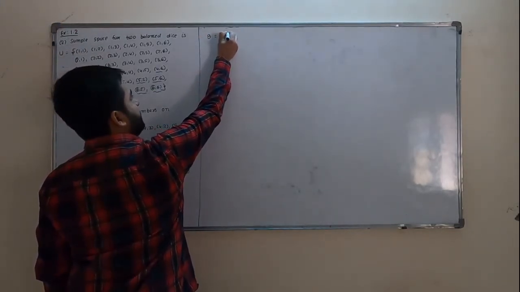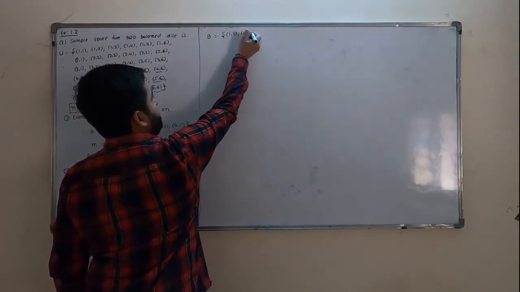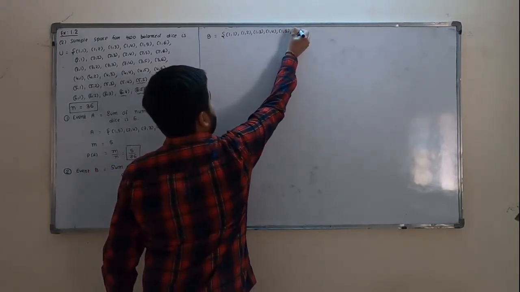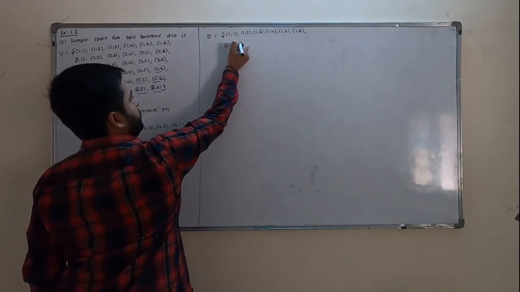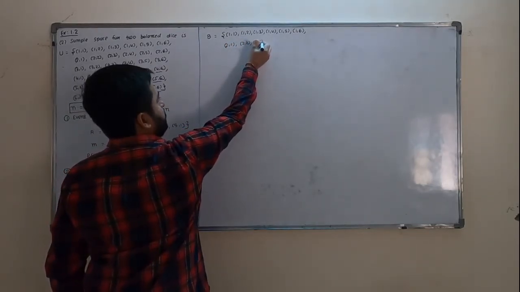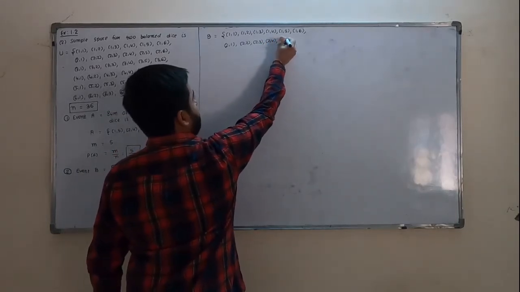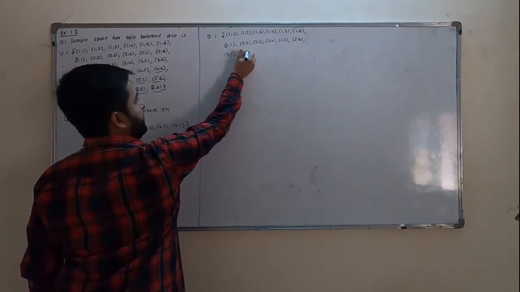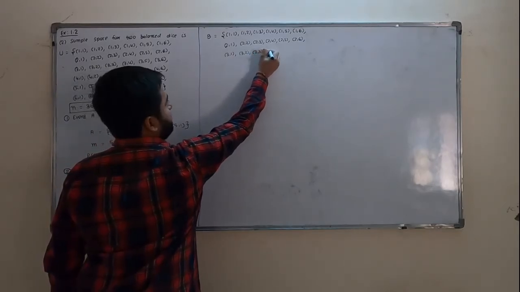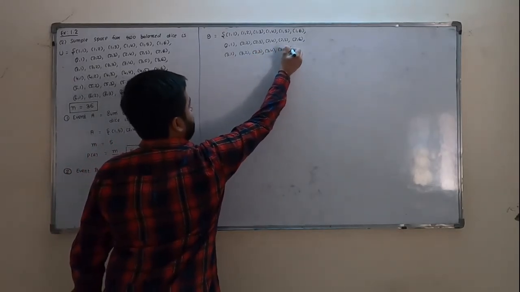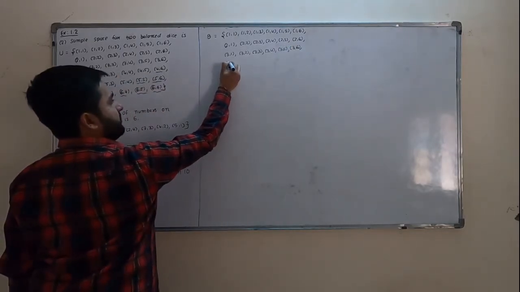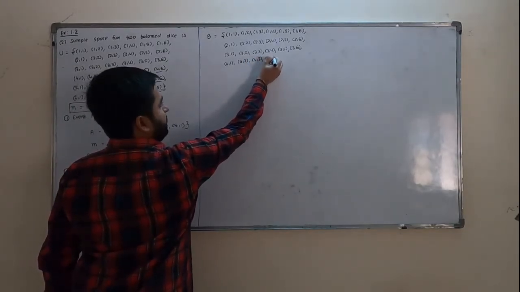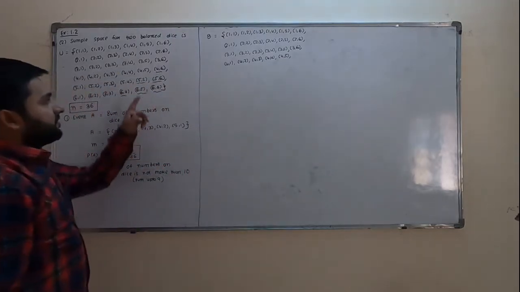So set B is equal to 1 1, 1 2, 1 3, 1 4, 1 5, 1 6, 2 1, 2 2, 2 3, 2 4, 2 5, 2 6, 3 1, 3 2, 3 3, 3 4, 3 5, 3 6, 4 1, 4 2, 4 3, 4 4 and 4 5. 4 6 will not come.